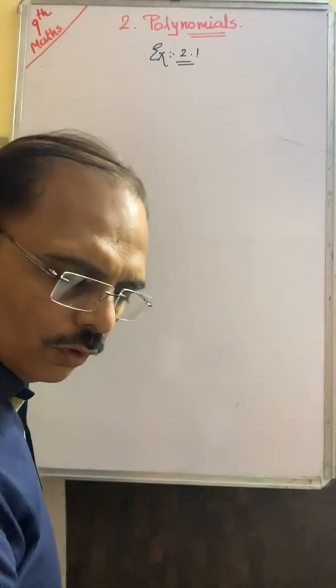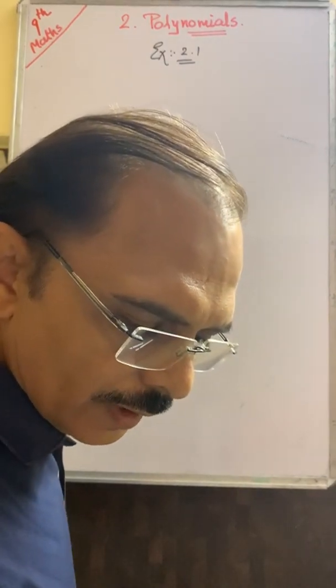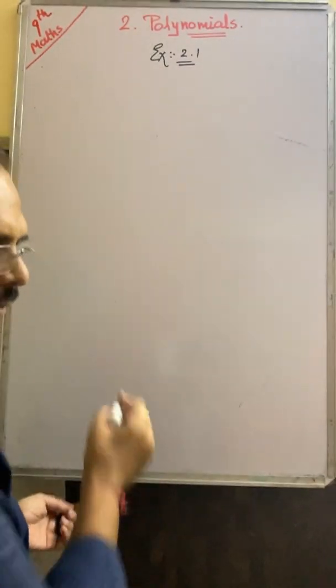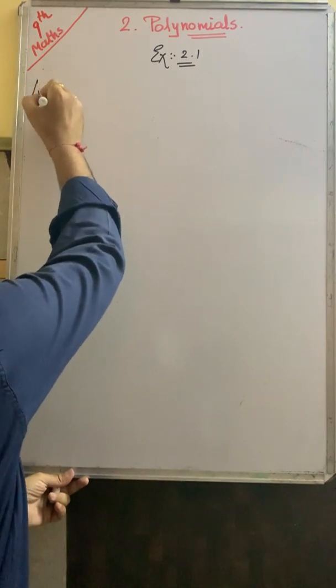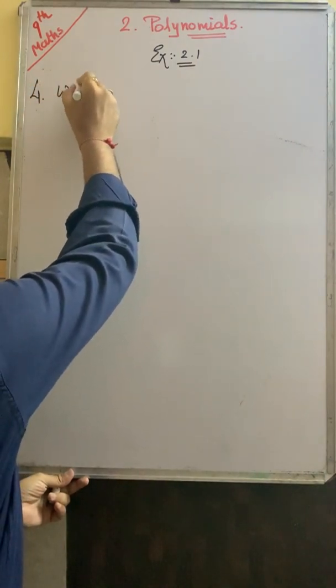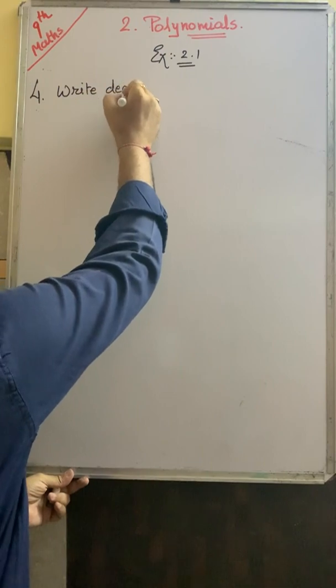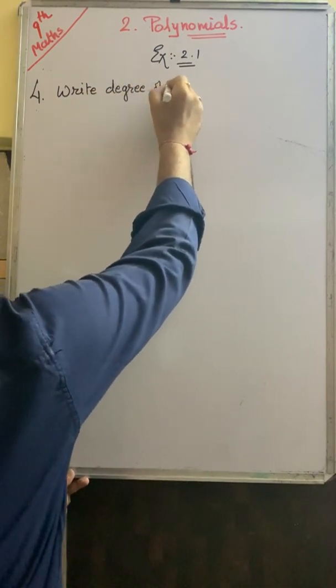Now question number 4. Write the degree of each of the following polynomials. We want to write degree. Degree means highest power.